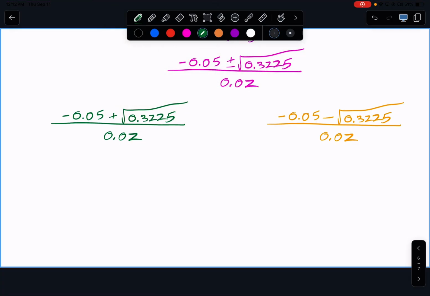Has anybody done that one yet, the green one? What'd you get, Jude? 13.375. Did you divide it by 0.02? I think we should end up with 26. Should be 26. Do the square root first.